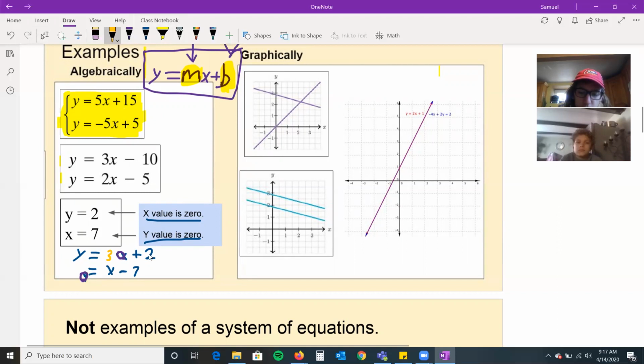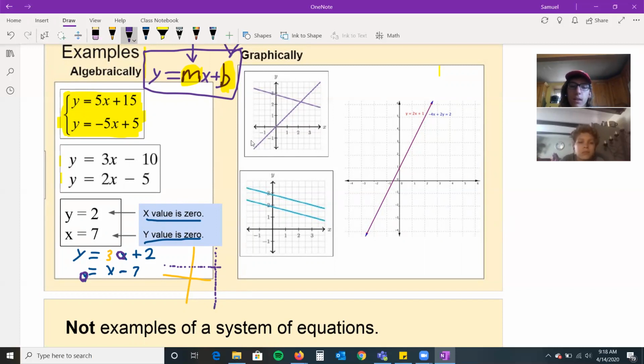Okay, and y equals 2 would be like this, right? It would be at 2 above all the way across. That's the line of y equals 2. And x equals 7 would be a straight up and down line where x is 7. Okay, something like that.